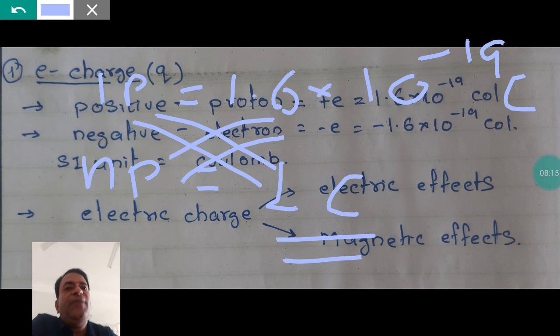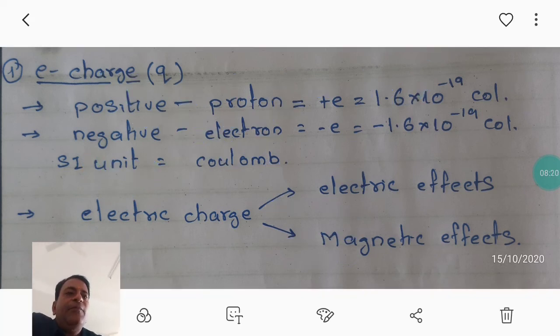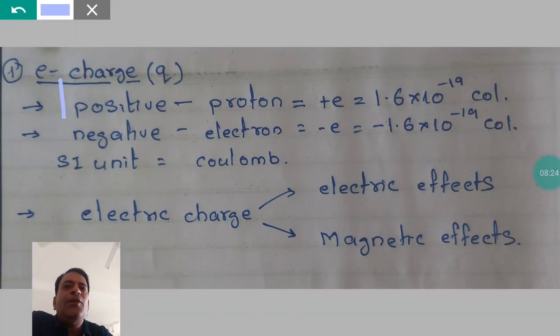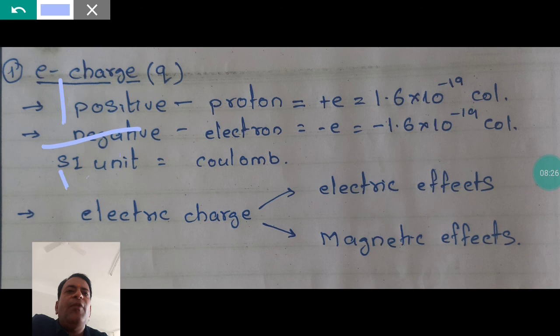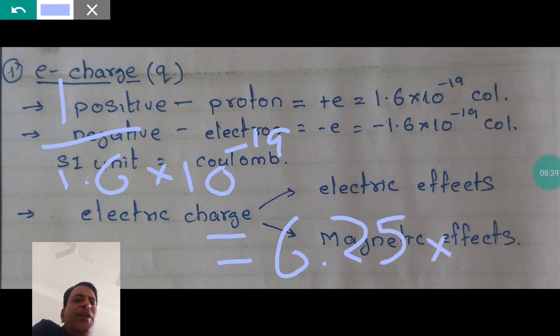So how to find the value of n? It will be 1 upon 1.6 into 10 to the power minus 19, which gives you 6.25 into 10 to the power 18.